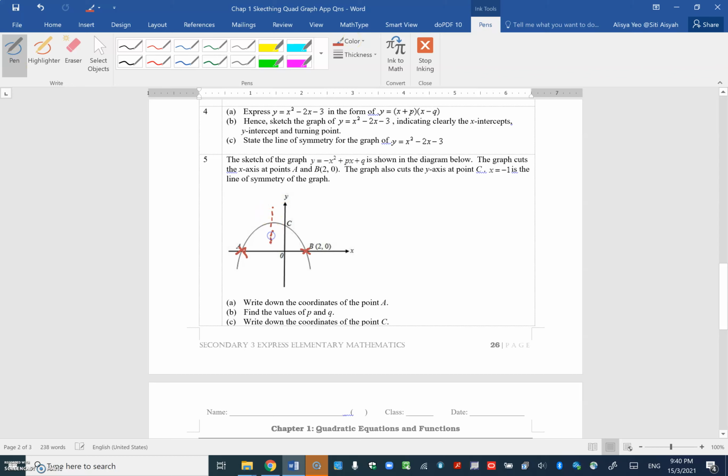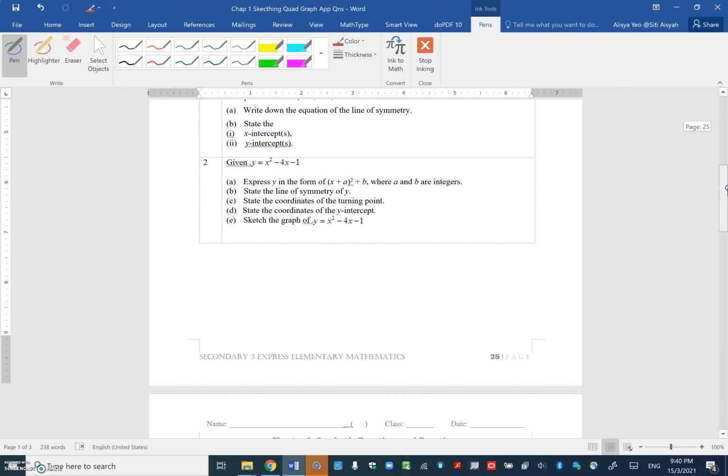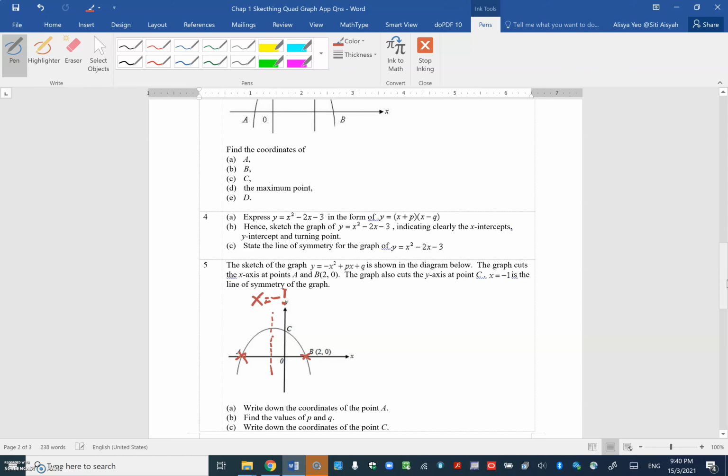I'm going to draw it for you. This is x equals -1. From here, you are able to identify that you have the point B (2, 0) and this point -1.